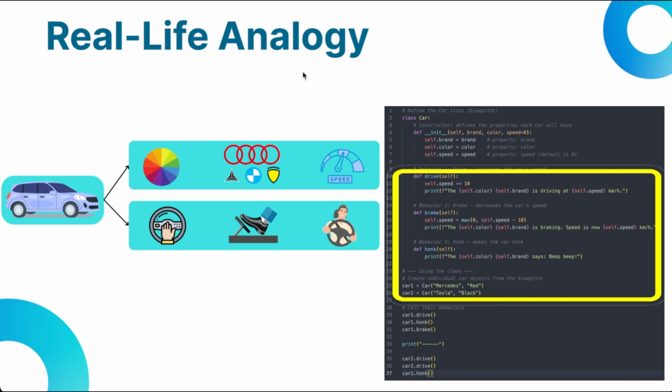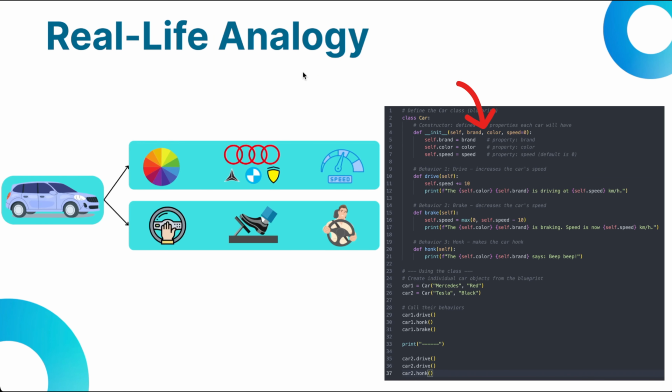So, what does a car have? Each car has properties. For example, a color, a brand, and a speed. These properties describe the state of the car. Each car also has behaviors. For example, it can drive, brake, and honk. These actions that belong to the car are also called methods.